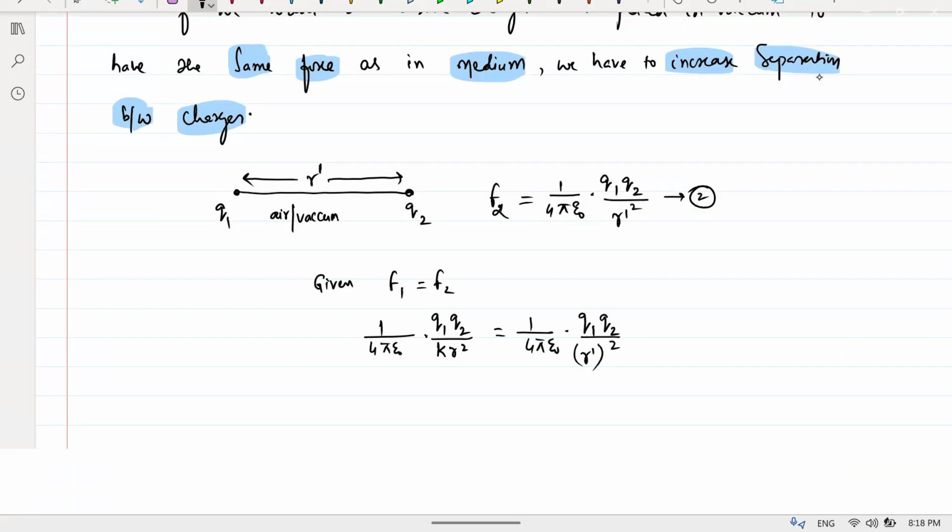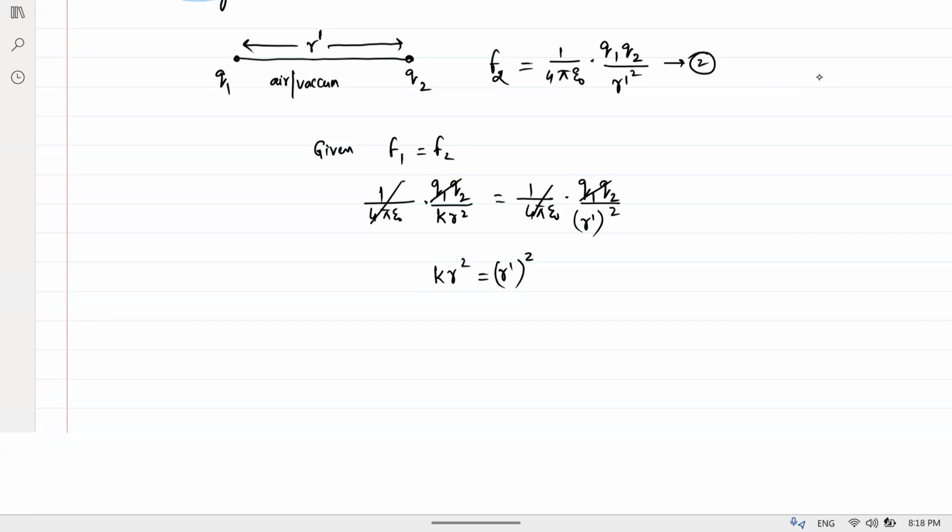So 1 by 4 pi epsilon naught and Q1 and Q2 are getting cancelled. That means K into R square will be R dash whole square. Can I write like this? Am I clear? So what will be the value of R dash?